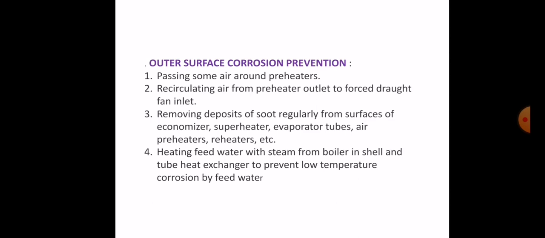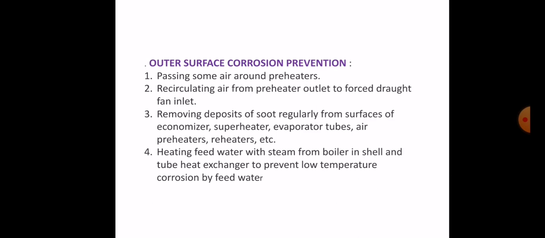On those components also soot deposits, so they should be cleaned regularly by taking the proper precautions, right? Also, heating feed water with steam from the boiler in a shell and tube heat exchanger to prevent low temperature corrosion by feed water.